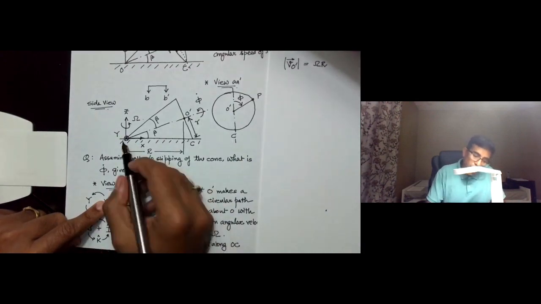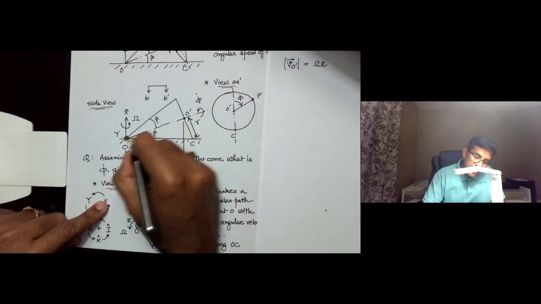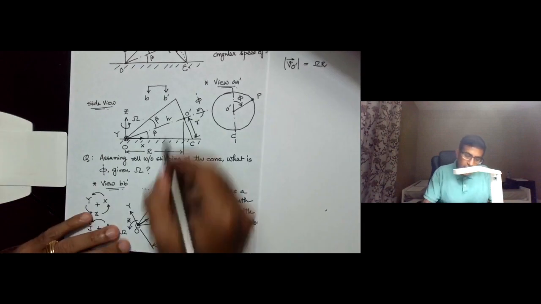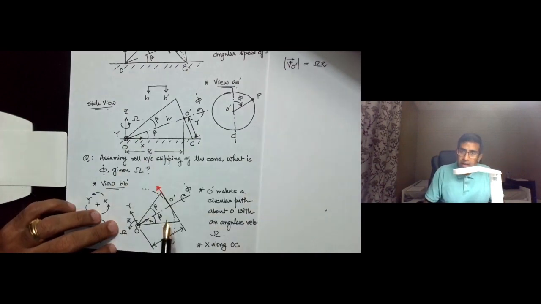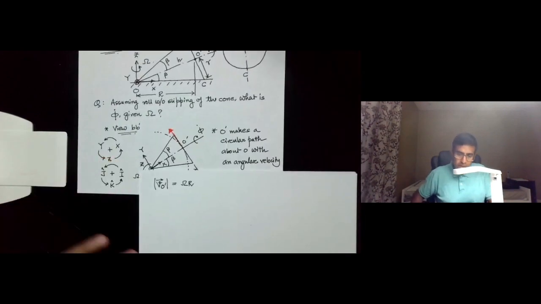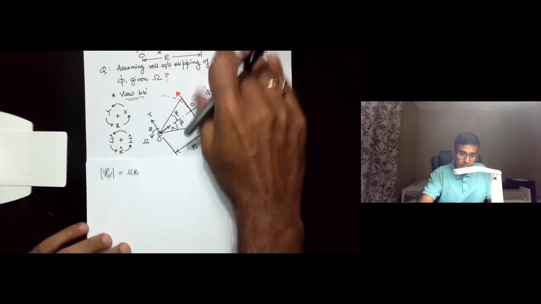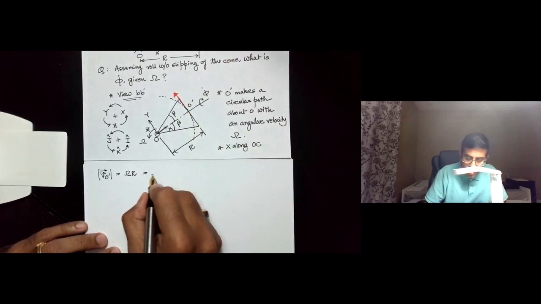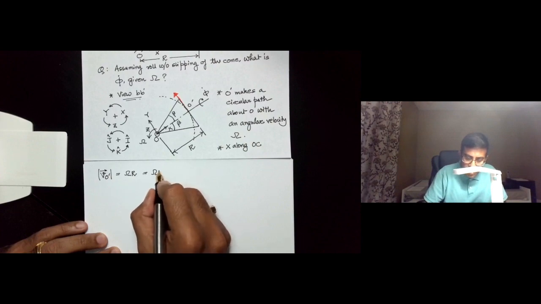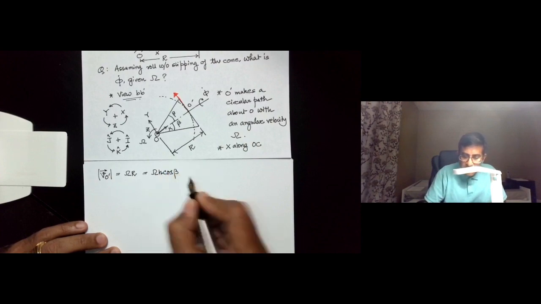Now, how much is that? Well, let us say that the height of the cone is h. If the height of the cone is h, then you can see that R is equal to h cosine beta. So we come back here and we say that this is omega times h cosine beta.